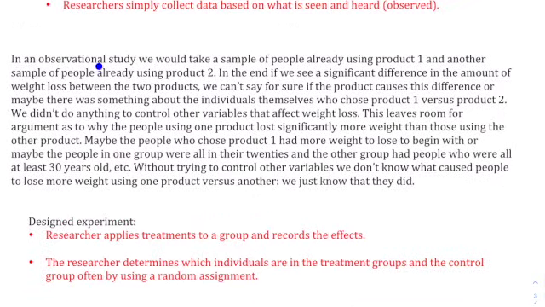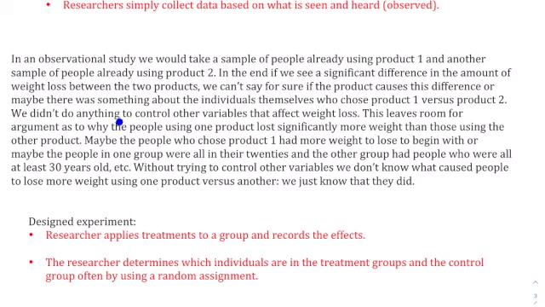In an observational study, we would take a sample of people already using product 1 and another sample of people already using product 2. In the end, we see a significant difference in the amount of weight loss between the two products. We cannot say for sure if the product caused this difference, or maybe there was something about the individuals themselves who choose product 1 versus product 2.